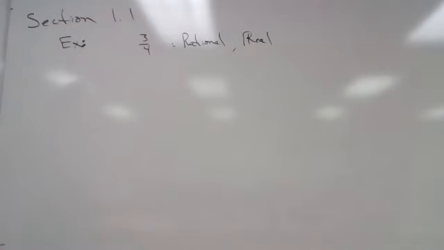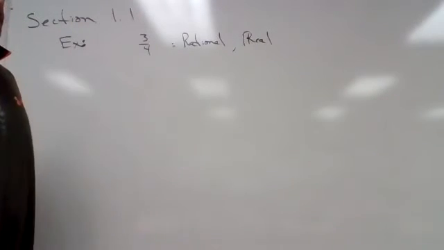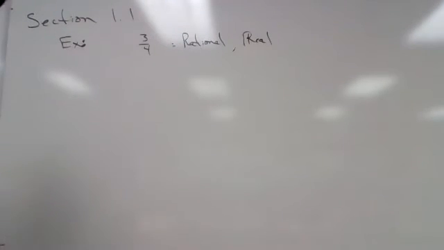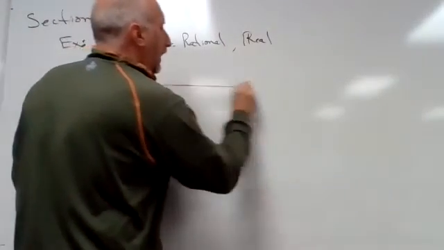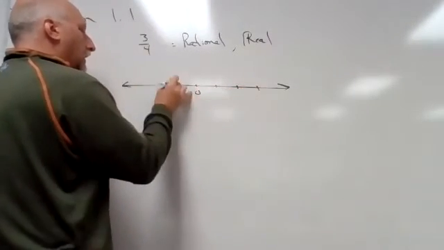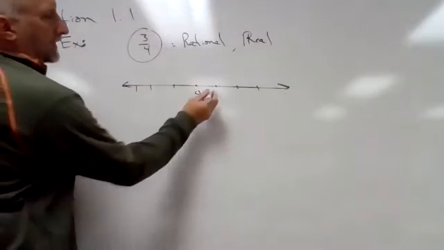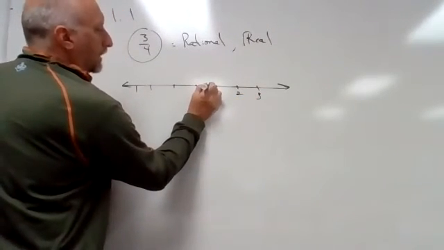Okay. So that's one type of problem you're going to have to do maybe on a test or a worksheet: just identify all the number sets that a number belongs to. You might be asked to have a group of numbers and write them on a number line. So you're going to start off with a number line and be asked to place numbers on it. I know this sounds kind of simple, but we're just getting started here, right?